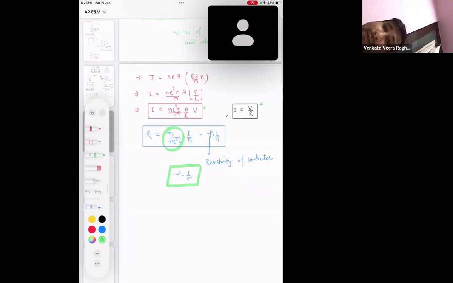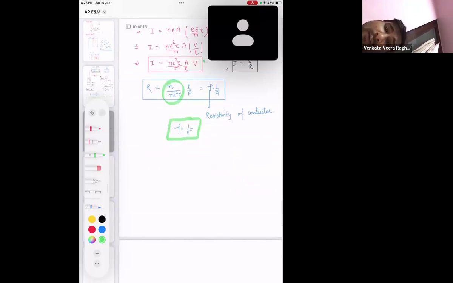So that's why sometimes they will ask on what factor the resistivity depends, or on what factor the resistance depends. So resistance depends on rho, L and A. But resistivity depends on what? It depends on the mass of the electron, which is never going to change, isn't it? Is the mass of the electron going to change? No. Electron charge? No. But can the number of electrons per unit volume change? Yes. How?